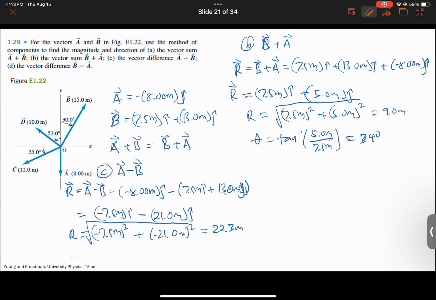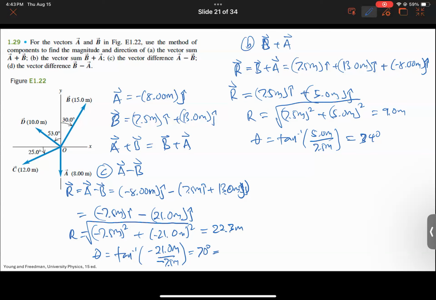Tapos yung angle theta is tangent inverse ng negative 21.0 meters divided by negative 7.5 meters. And this gives us, again, 70 degrees. Okay, again, hindi 70 degrees talaga yung ano dito.